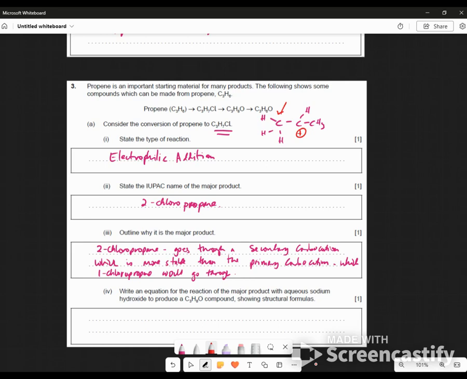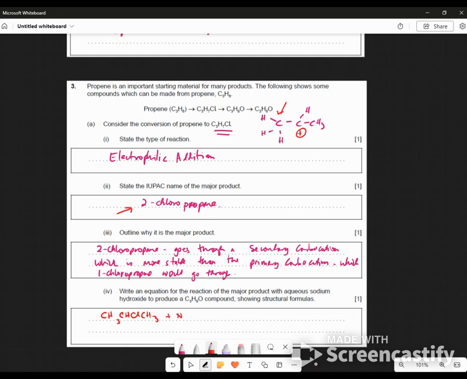Right, an equation for the reaction of the major product with aqueous sodium hydroxide. All right, so now the major product is CH3CHClCH3, in other words, 2-chloropropane.